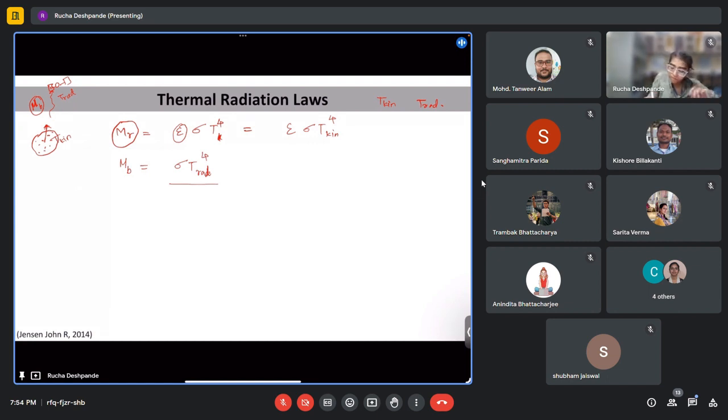Now after we make this change into our real world body energy, we assume that MR is equivalent to MB. So after this correction, we can equate these two equations. So epsilon sigma T kinetic to the power 4 is equal to sigma T rad to the power 4.